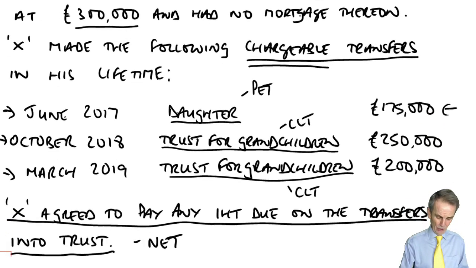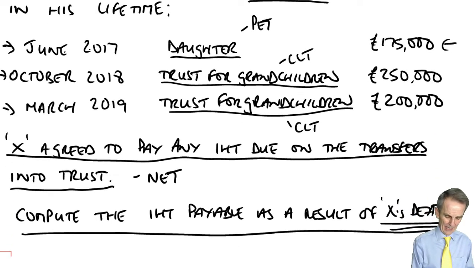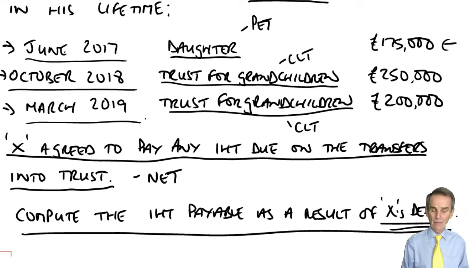And the 3 lifetime transfers that we are informed about here are all post that date. June 17, October 18, March 19. They are all within the 7 years before the date of death. So they're all going to be chargeable. So there'll be a lifetime transfers chargeable on death computation that includes all 3 of those transfers.